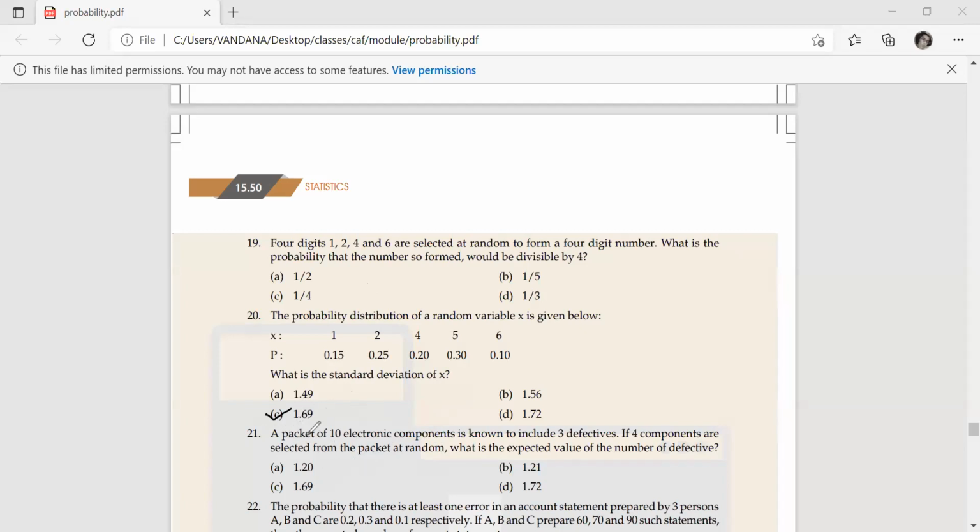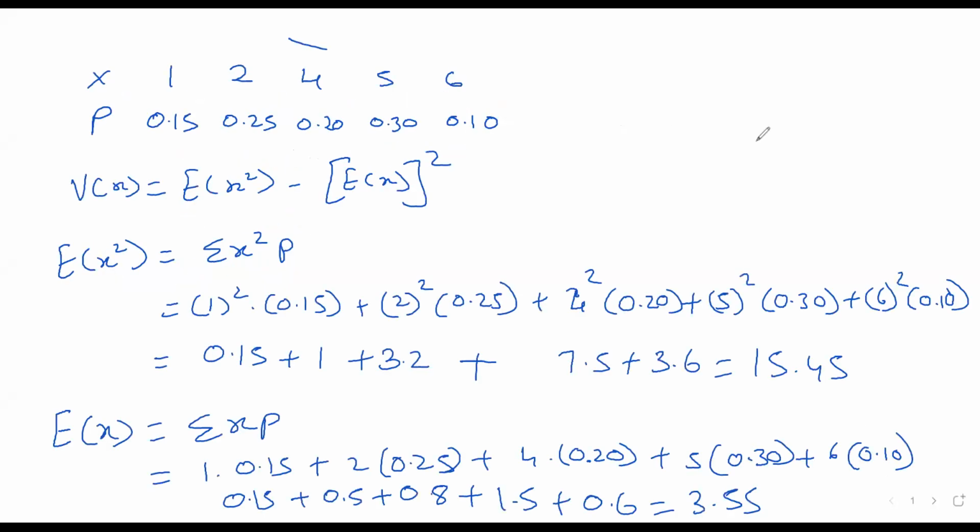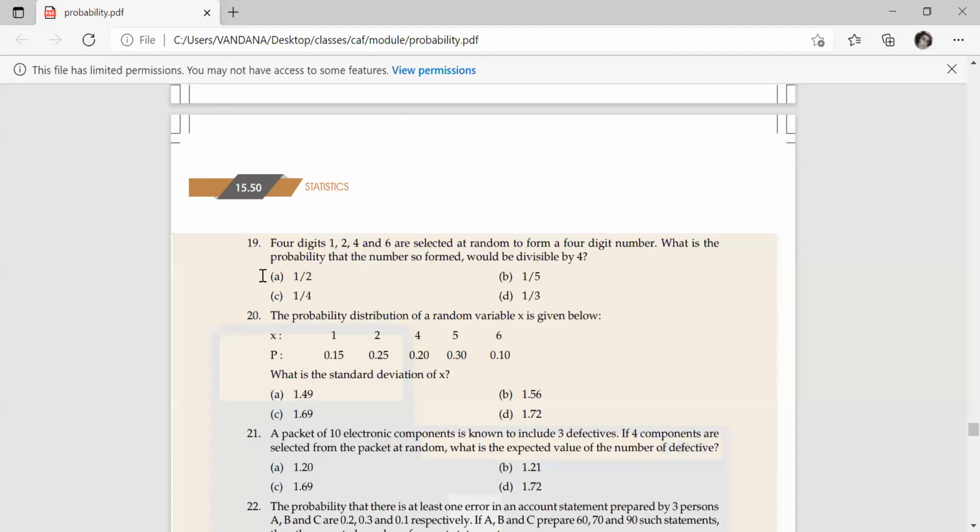The next one. A packet of 10 electronic components is known to include 3 defective. If 4 components are selected from the packet at random, what is the expected number of defectives? The packet has 10 electronic components and there are 3 defectives.